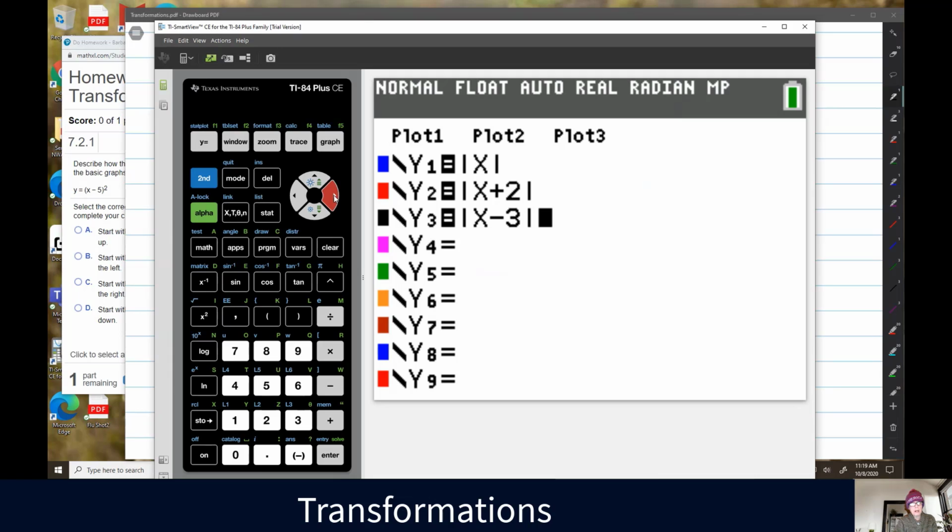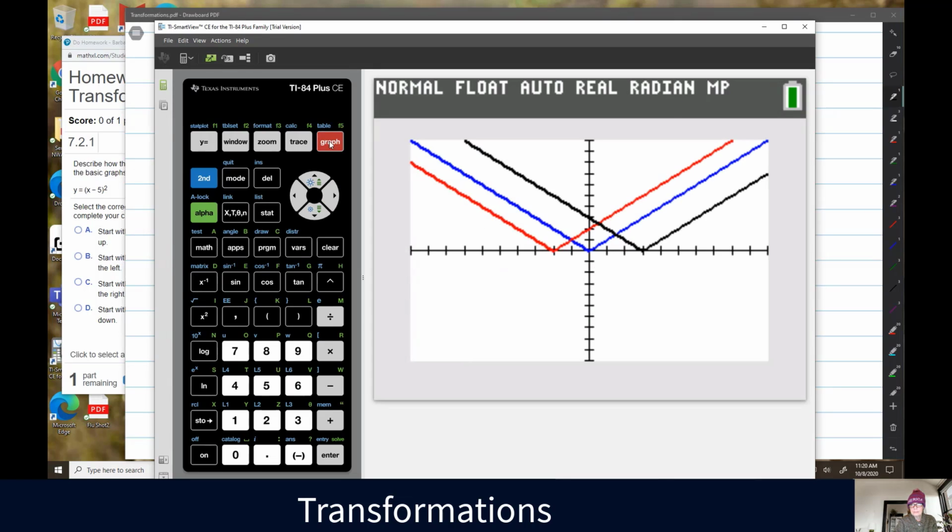The absolute value of x minus 3 will be a black graph. I could move it down to green if I wanted green. Maybe I'll do that next time. Okay, so here we have the absolute value of x shifted 3 units to the right by the minus sign, the subtraction sign.